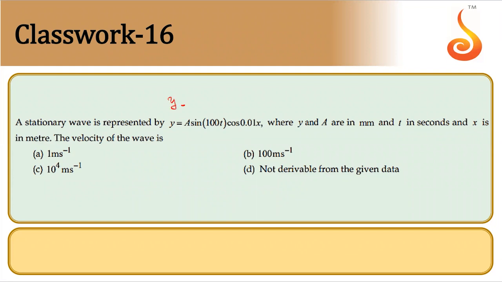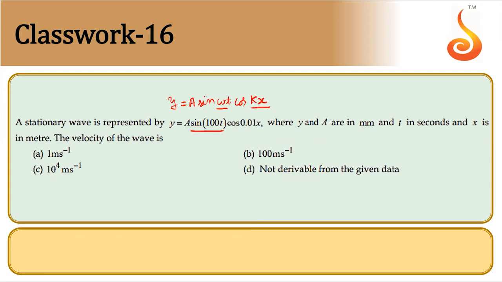So standard equation of stationary wave is a sine omega t into cos kx. See, in stationary wave, omega t term and cos kx term will be separate. That's the difference between stationary wave and progressive wave.